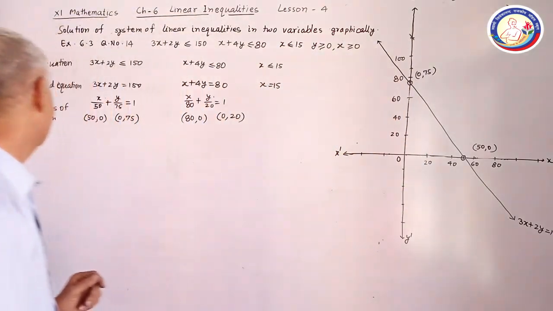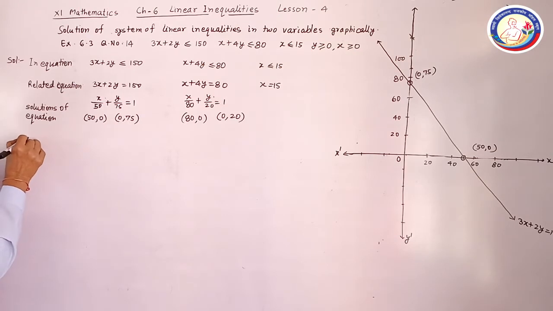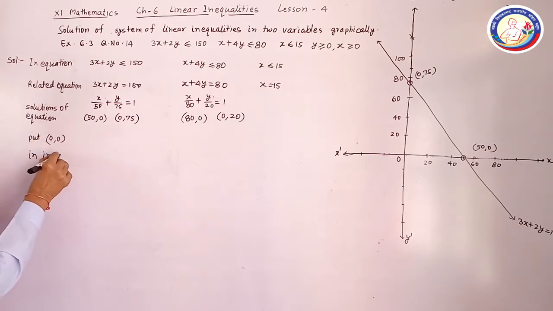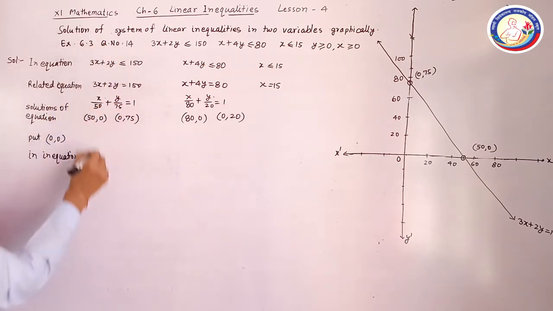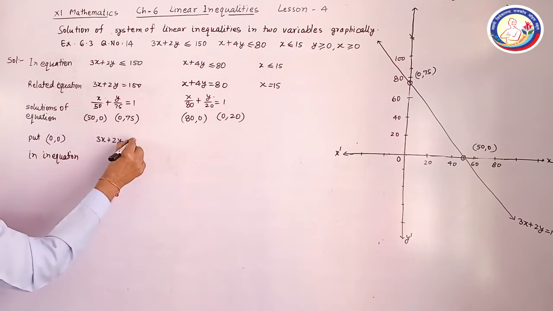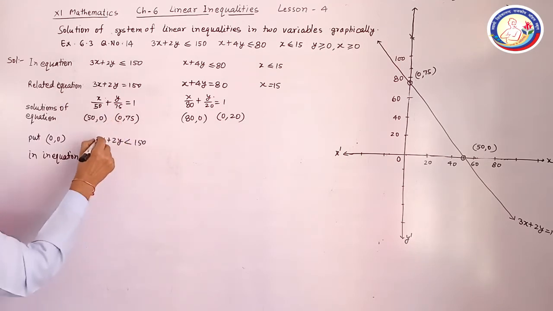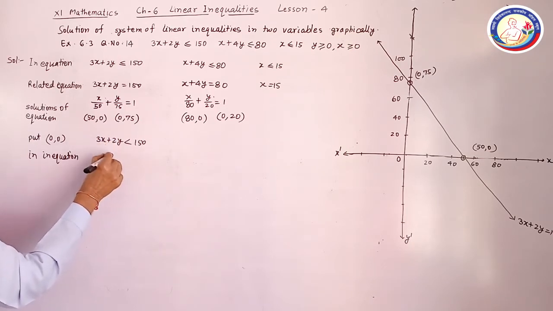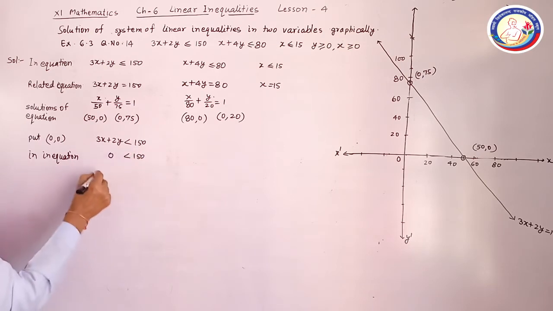Now the solution area. Here put 0, 0. 3x plus 2y is less than 150. Put 0, 0: 3 into 0 plus 2 into 0, that is 0, is less than 150.